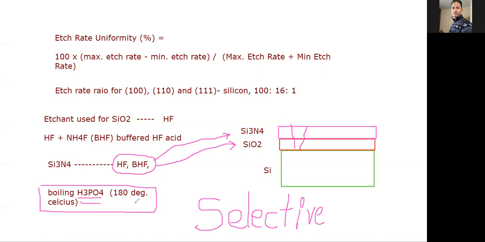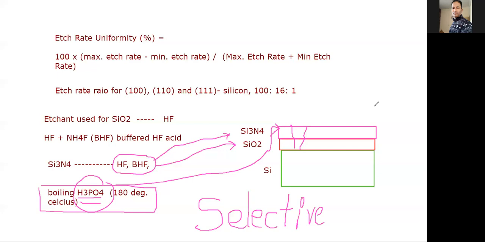Let's hope that our phosphoric acid does not affect SiO2 but affects only silicon nitride. So what happens when you use boiling phosphoric acid for removing the nitride layer? It removes your nitride layer, but the oxide layer is intact. This way our etching becomes selective.